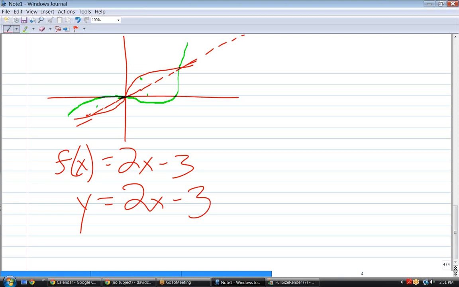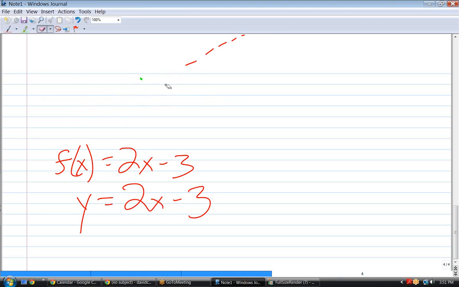You can always do that. When we use the notation f of x or g of x, it's the same as y. So those are always interchangeable. It's just that f of x is a little bit more robust of notation than y is. But when it comes to finding inverses, it's actually a little bit better to use y.